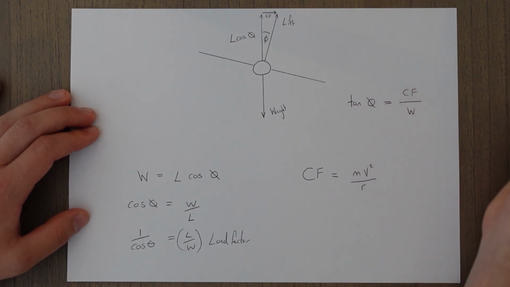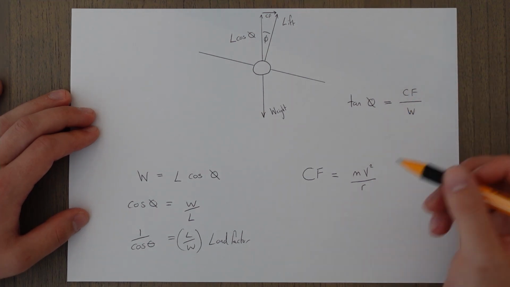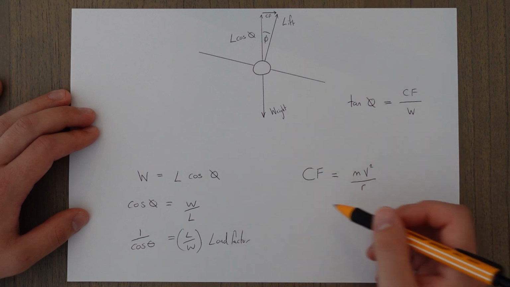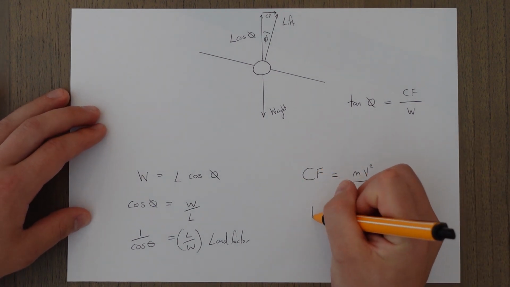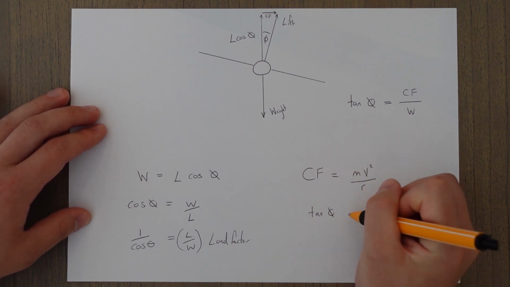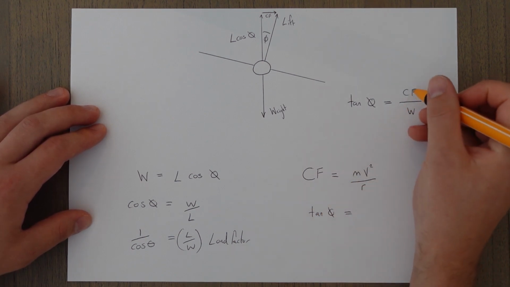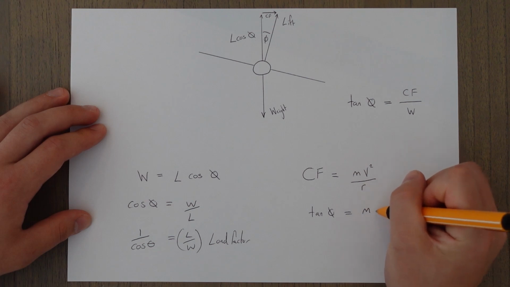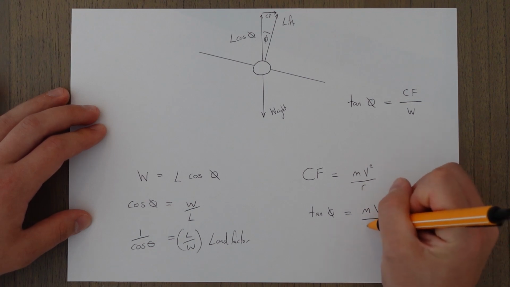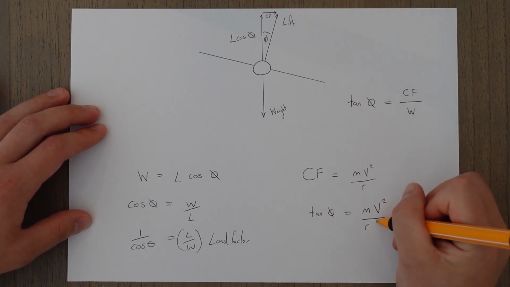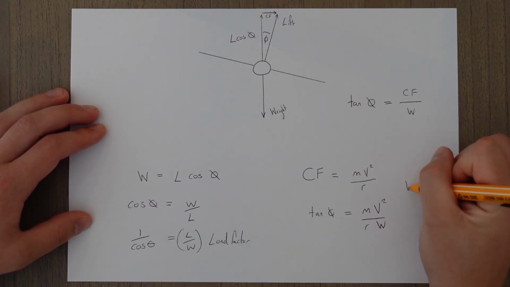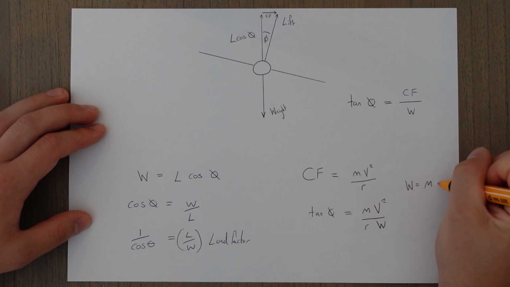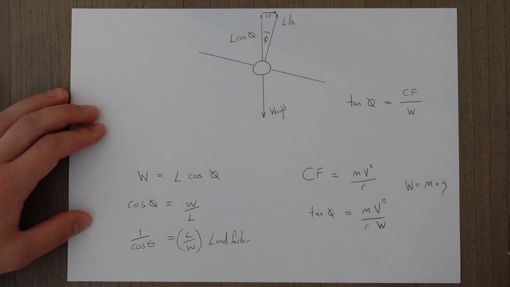So we're going to substitute in the weight there, and then we can take this a step further by using the formula for centripetal force. We can say that tan theta is equal to the centripetal force formula, which is in here, mv squared over r, and that's also divided by the weight. And then again, we can say that the weight is equal to basically the mass times the acceleration due to gravity.